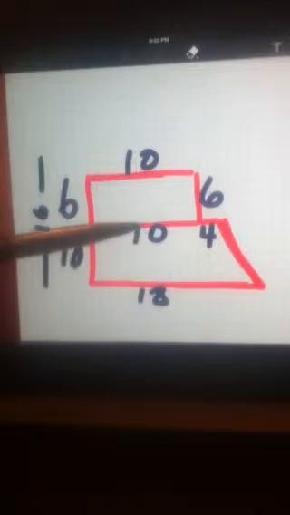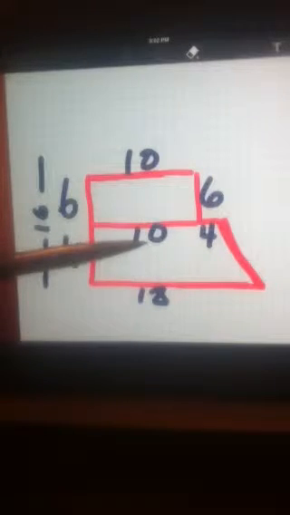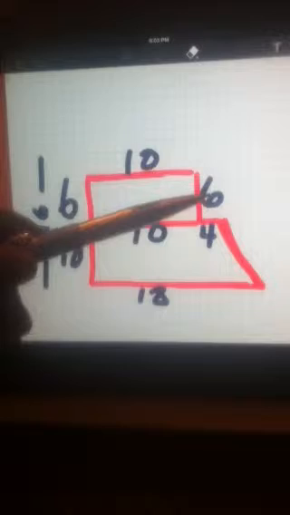We know if this is 10, then we assume that that was 10. They gave us 4 for this little part here, and 6 for the side. So we subtract 6 from 16, and we got 10. So that's what was given.